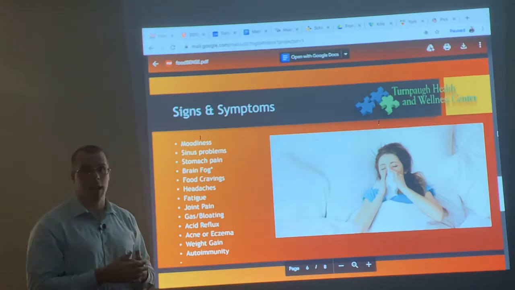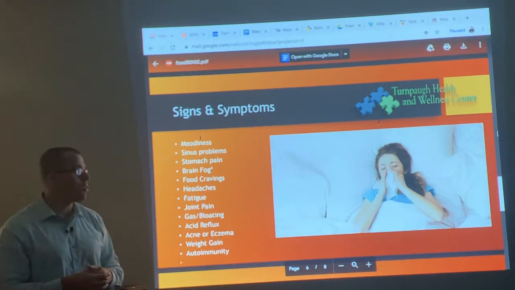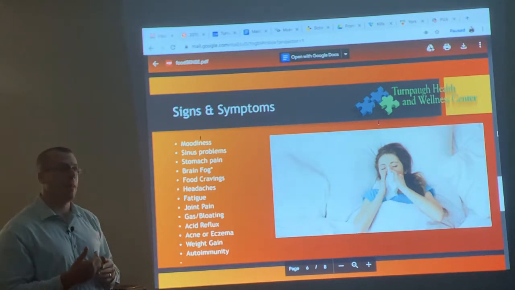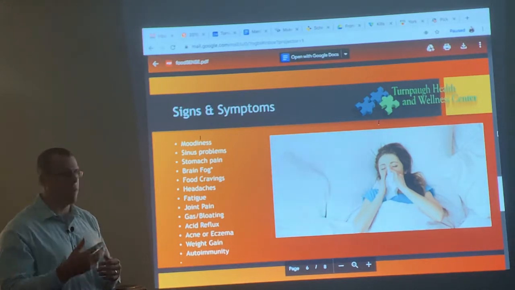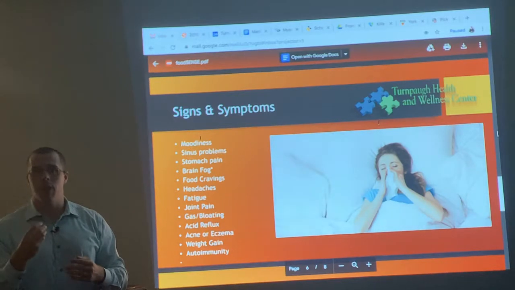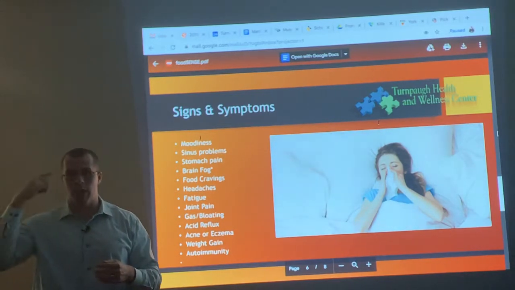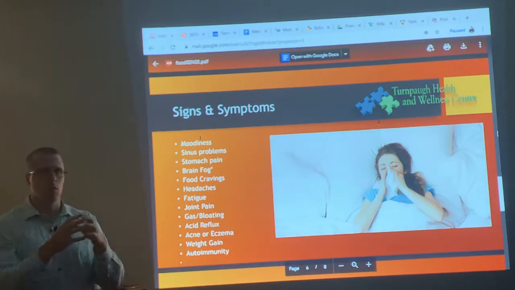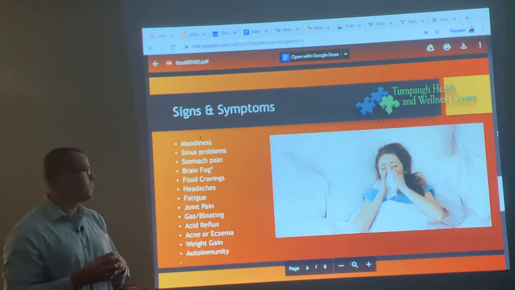So it can present in this fashion. The reason being, mainly with gluten, but a lot of them can interfere and interact with the neurotransmitters and some of the receptors in our brain. Hence, that's where the immune system ties in there.